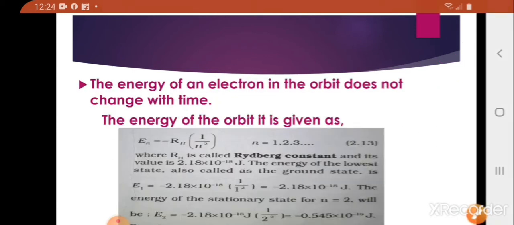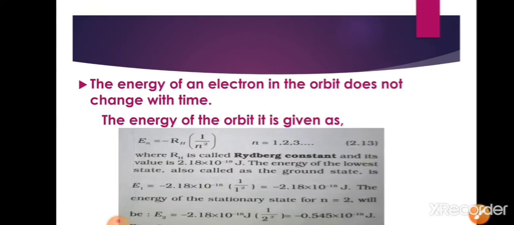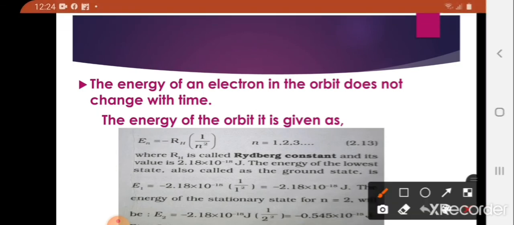Now we will move on to the second postulate, that is, the energy of an electron in the orbit does not change with time. That is the second postulate of Bohr's model of hydrogen atom.